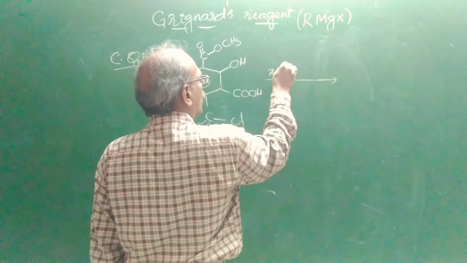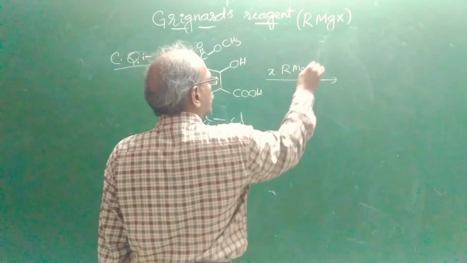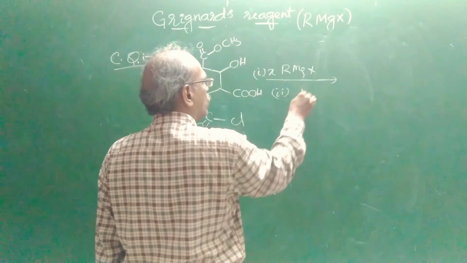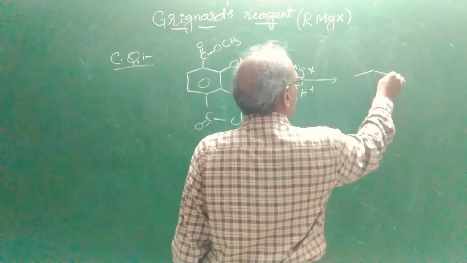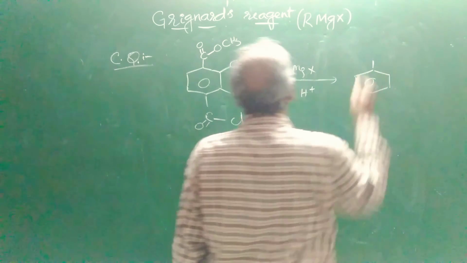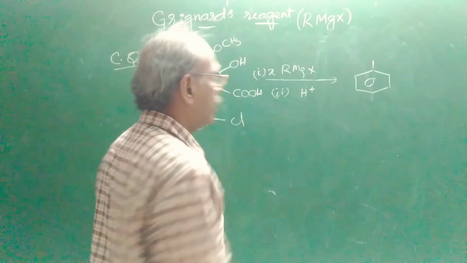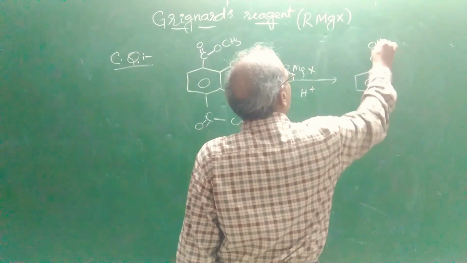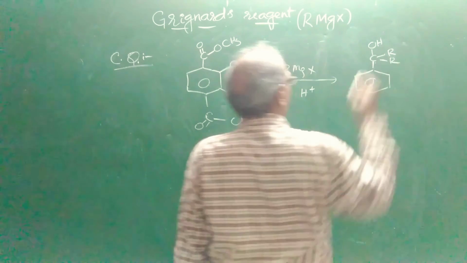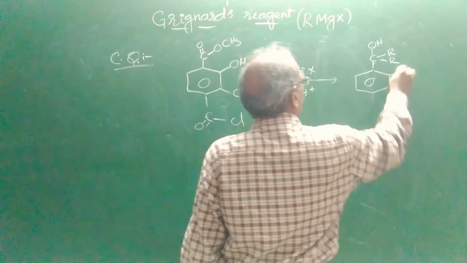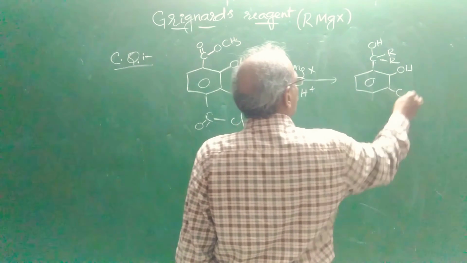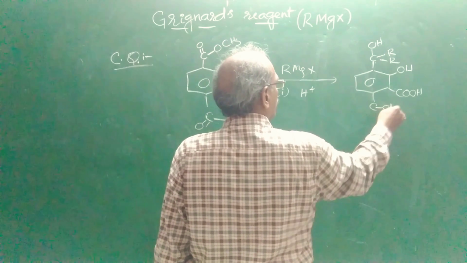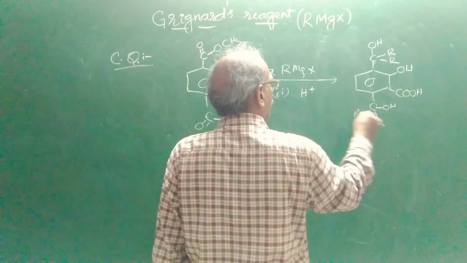How many moles of Grignard's reagent are required to get this product, here C, OH, R, and here OH, COOH, and COH, R?